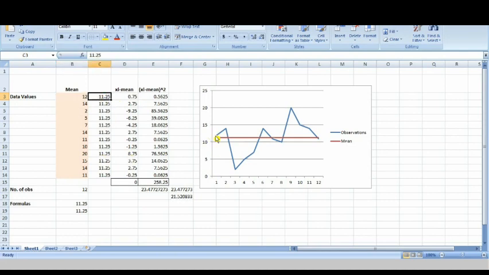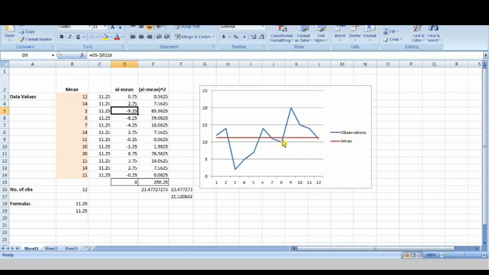The second observation is 2.75 units away from the arithmetic mean. The third observation is funny, it is 2, but the mean is 11.25. Now when I take the difference, it gives me minus 9.25. So this distance from mean is minus 9.25 on the other side. So in this way I capture the deviations first of all.